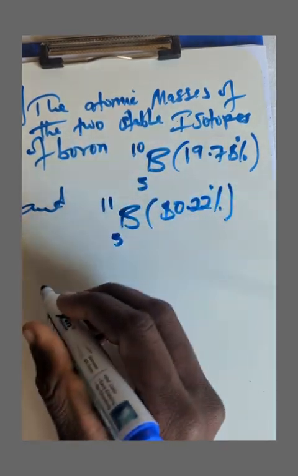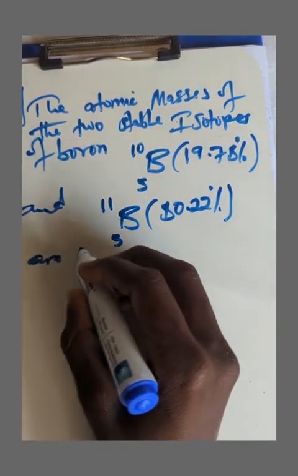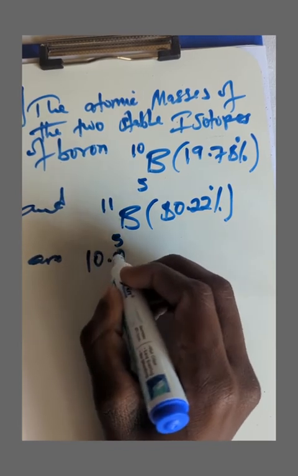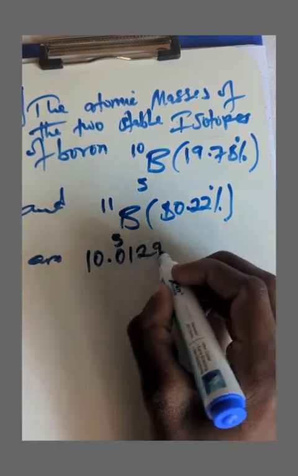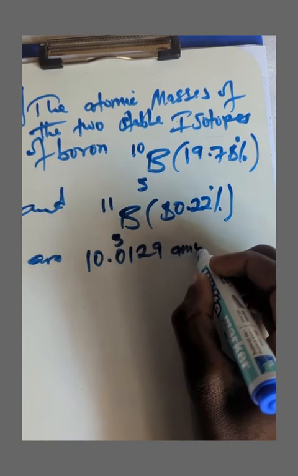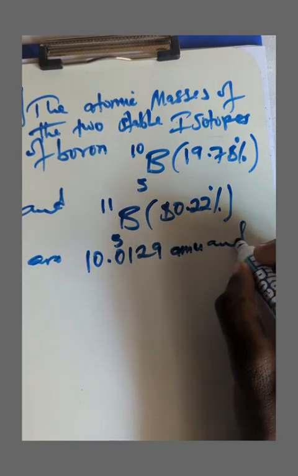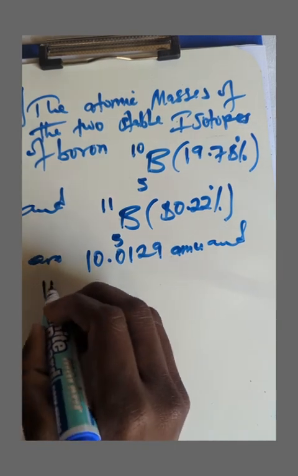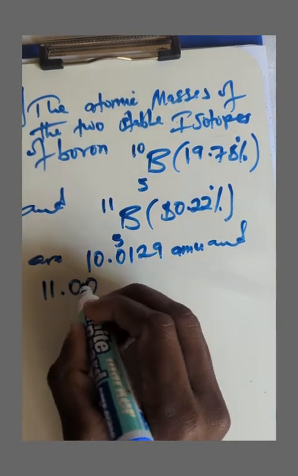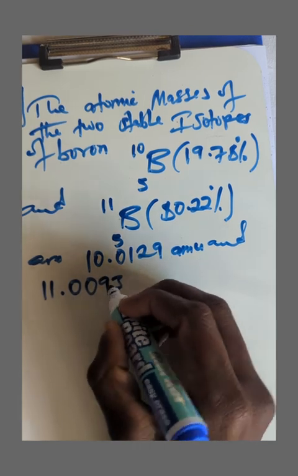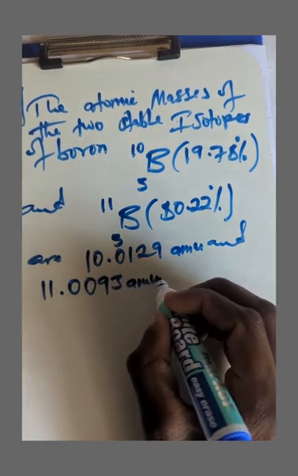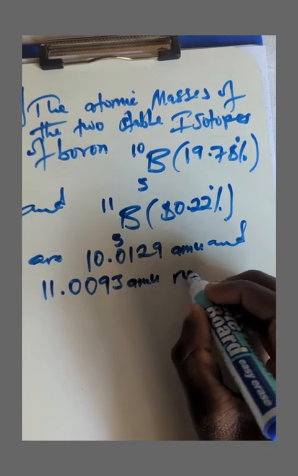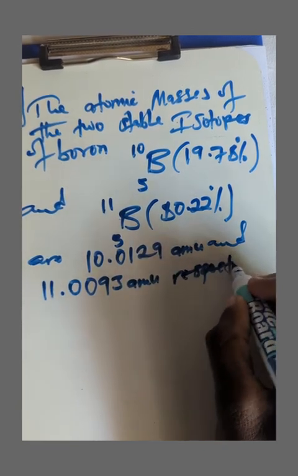The masses are 10.0129 atomic mass unit and 11.0093 atomic mass unit respectively.